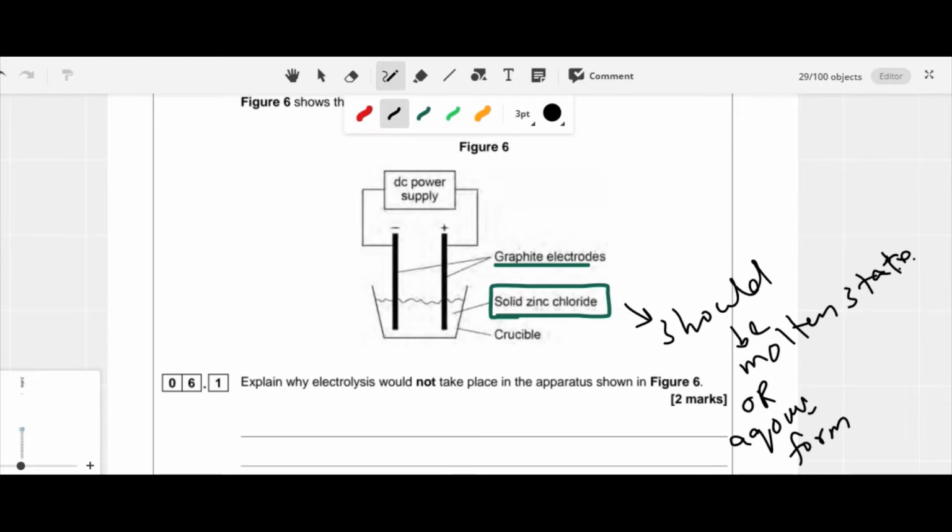That is the problem. That's why the electrolysis would not take place in the apparatus shown in figure 6.